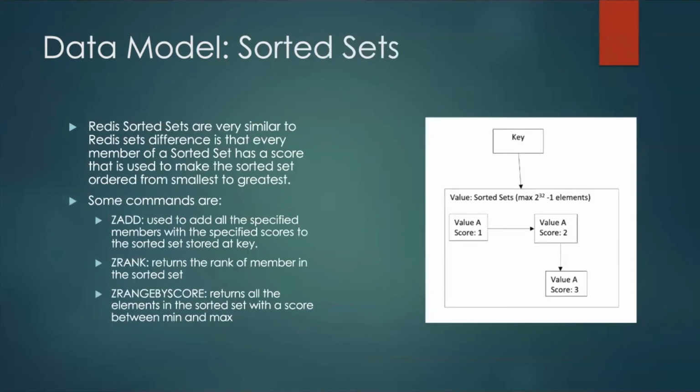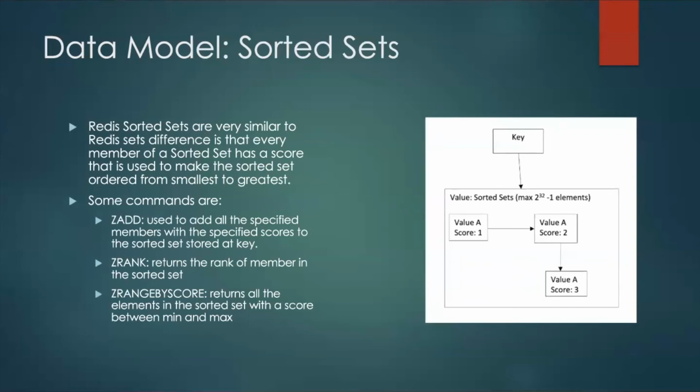Data model: sorted sets. Redis sorted sets are very similar to Redis sets. The difference is that every member of a sorted set has a score that is used to keep the sorted set ordered from smallest to greatest, so it sorts in ascending order.